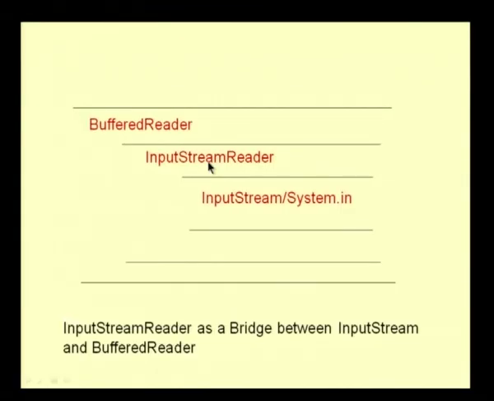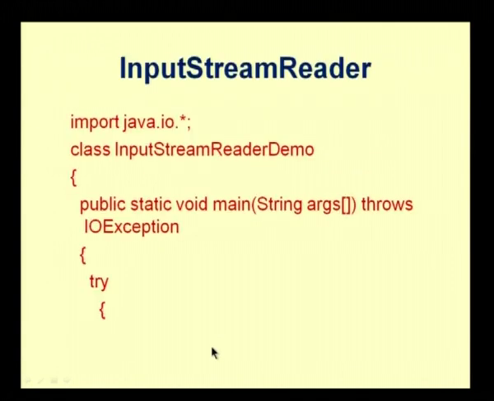Your input stream will be the input to your input stream reader, and your input stream reader will be given as a parameter to your buffer reader. So now your input stream reader acts as a bridge between the input stream and the buffer reader. As already told, input stream is of type byte, and your buffer reader accepts a stream of characters. Now here you can see the demo program.